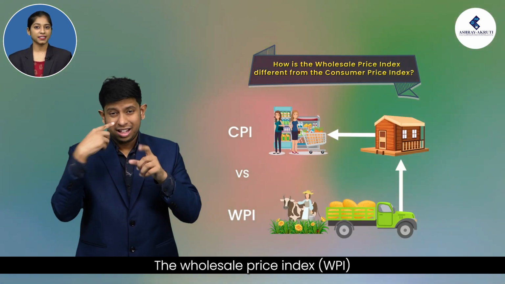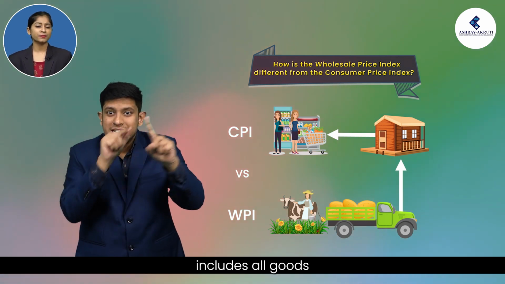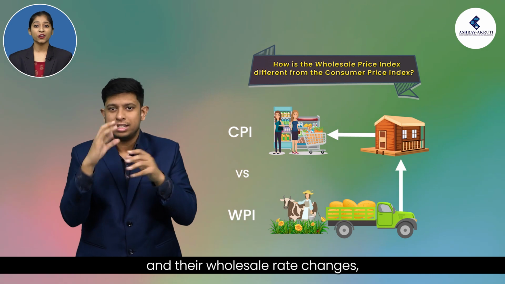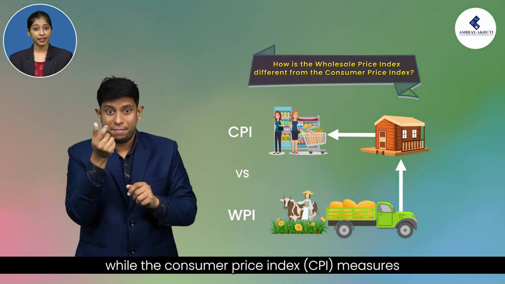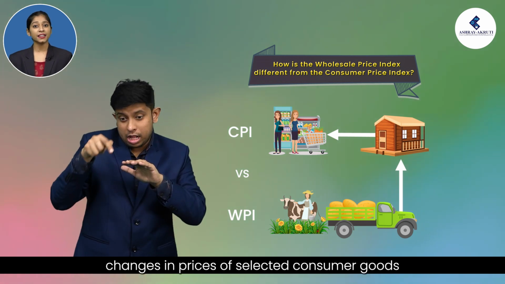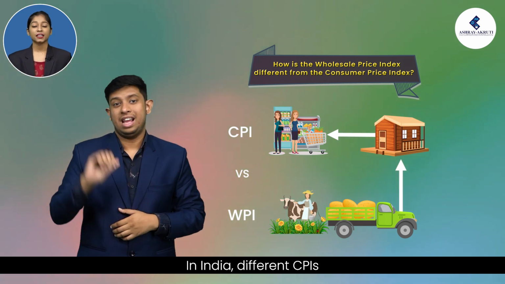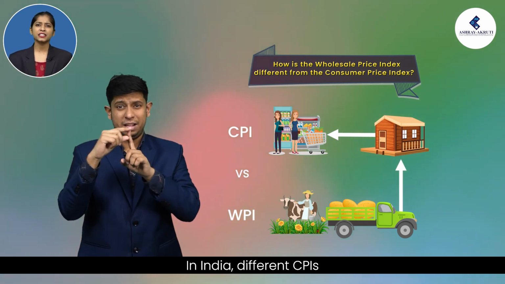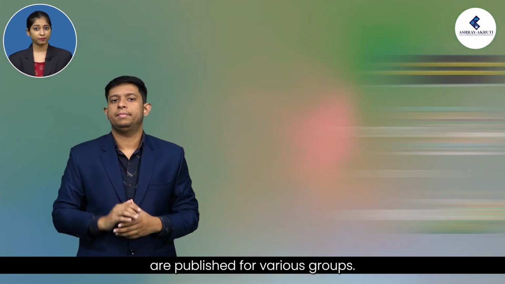The wholesale price index includes all goods and their wholesale rate changes, while the consumer price index measures changes in prices of selected consumer goods at retail price. In India, different CPIs are published for various groups.